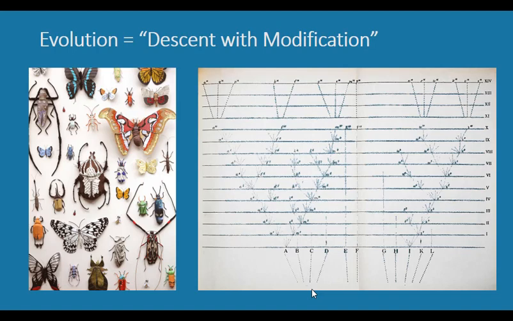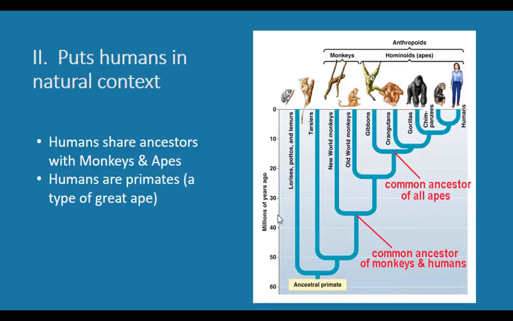And then descent with modification means the descendants gradually change in different kinds of directions, depending on random variations and also selective pressures. And that produces the amazing variety of life that we see out there. So all these different creatures, these different insects, came from a progenitor, a common ancestor, and all life on Earth is linked in this way.